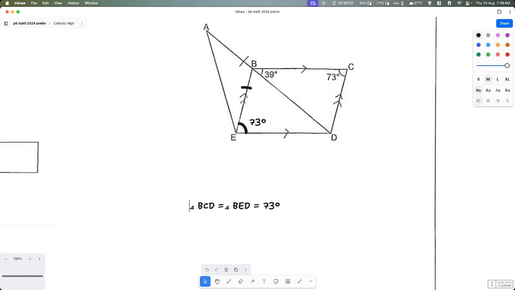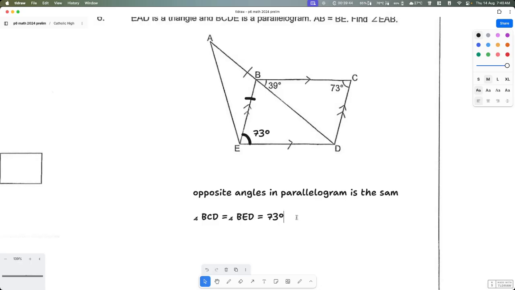So opposite angles in a parallelogram are the same. So in this case, BCD is equal to BED, which is 73 degrees.